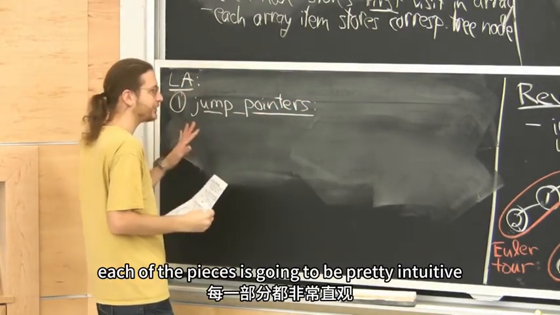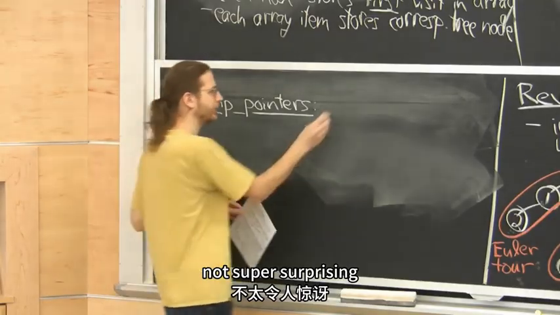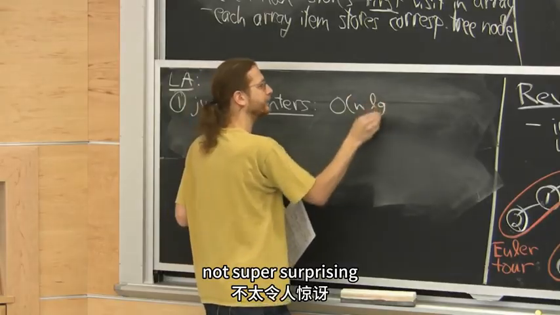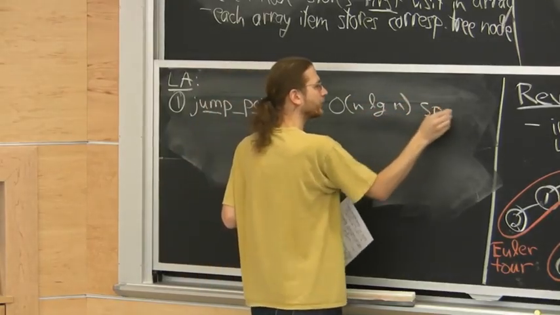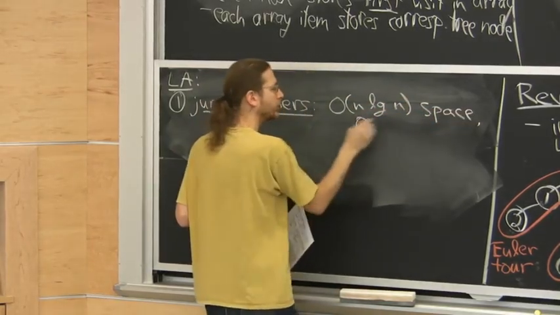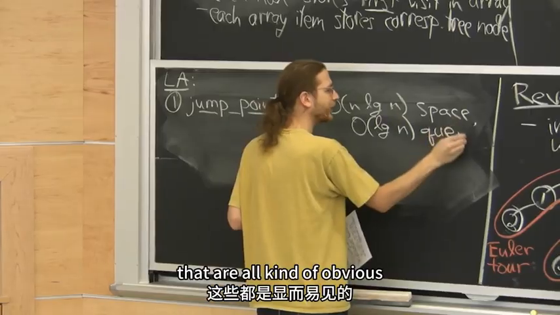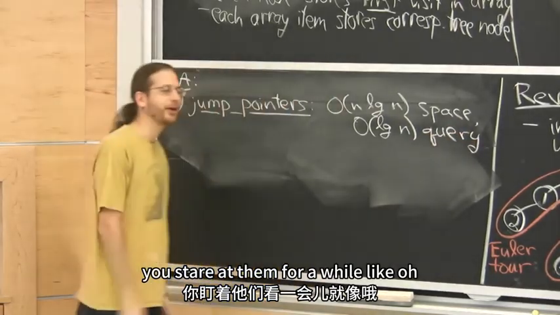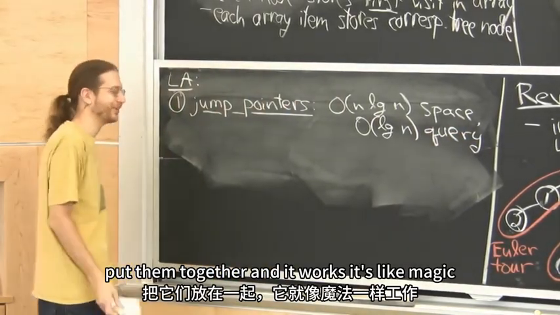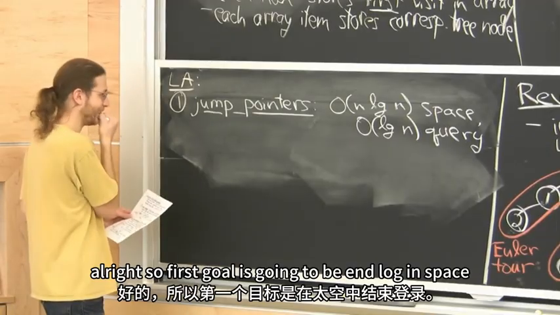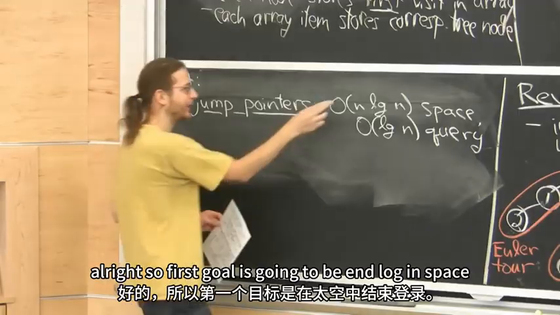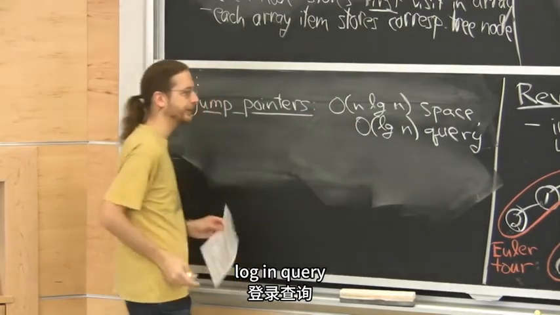Again, each of the pieces is going to be pretty intuitive, not super surprising. But it's one of these things where you take all these ingredients that are all kind of obvious, you stare at them for a while, and oh, I put them together and it works. It's like magic. All right, so first goal is going to be n log n space, log n query.